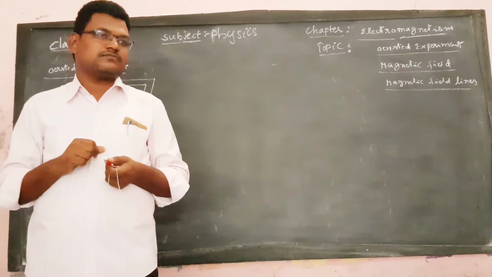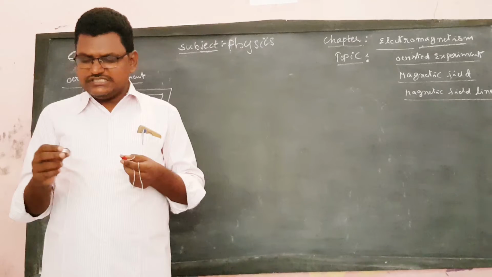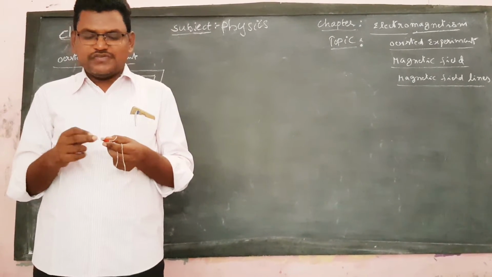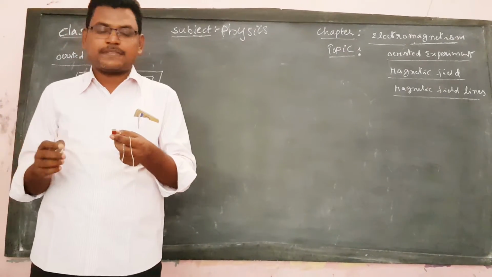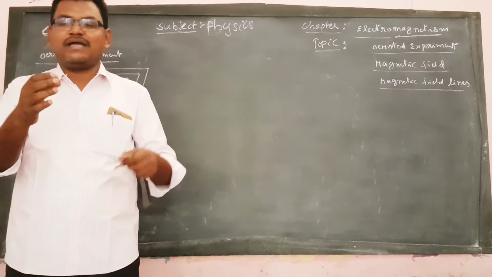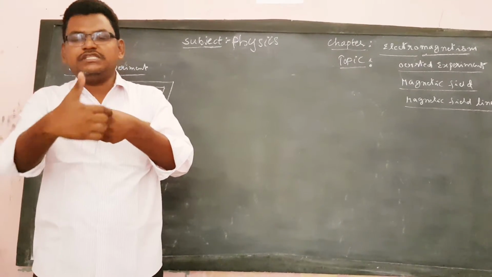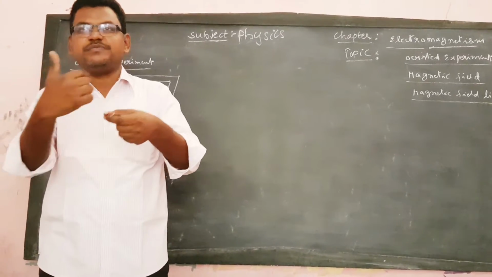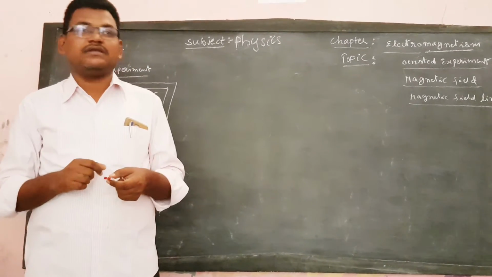Let's see here how this magnet exerts the magnetic force on a magnetic needle even if the magnet is not in touch with a compass box. Around the magnet, its effect exists in a three-dimensional space, and that is called a magnetic field.